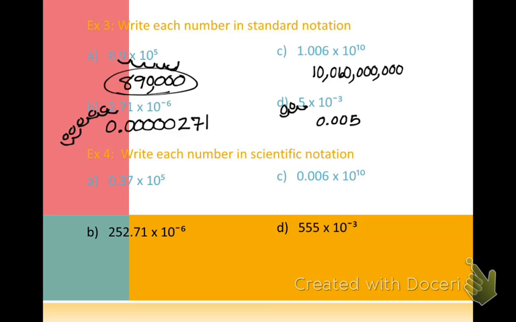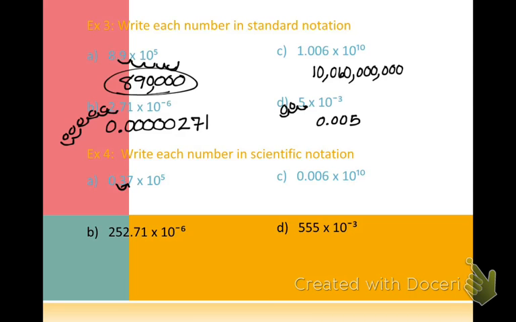All right, 4 is scientific notation for A. Is it correct? Is 0.37 between 1 and 10? No. So I'm moving it over to the right one.